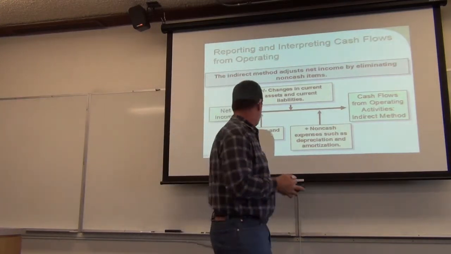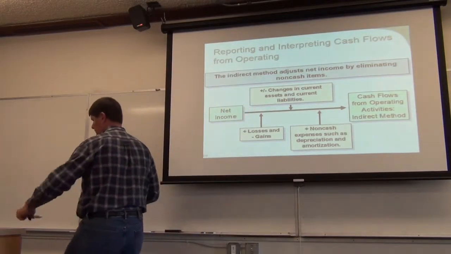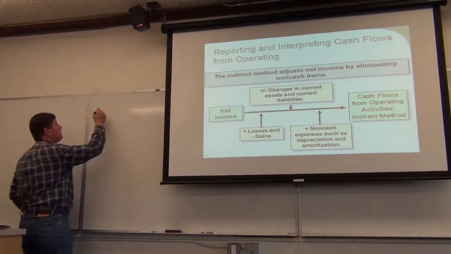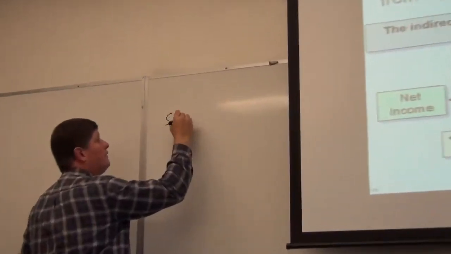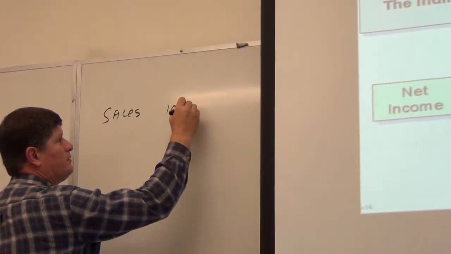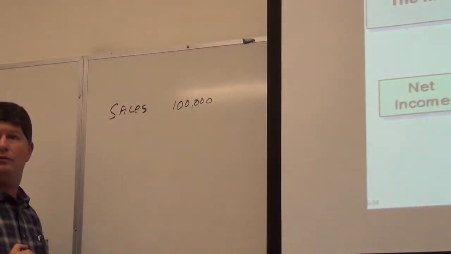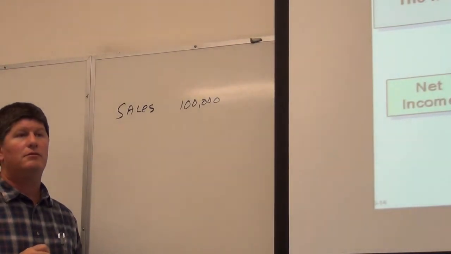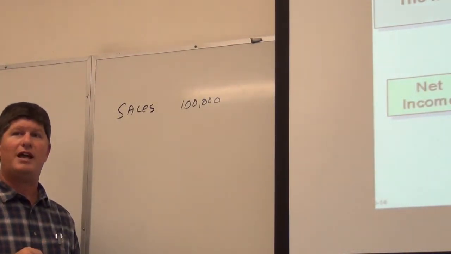I'm going to give you what I hope is an easy example. Make up a company. Let's say we have sales of $100,000. Good, right? Does that mean I have $100,000 in cash come in the door?